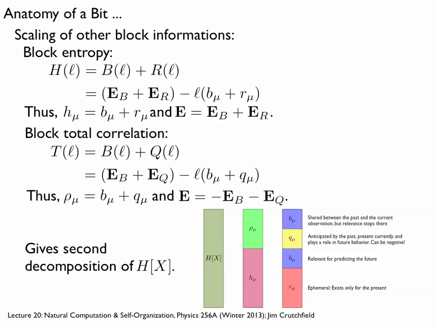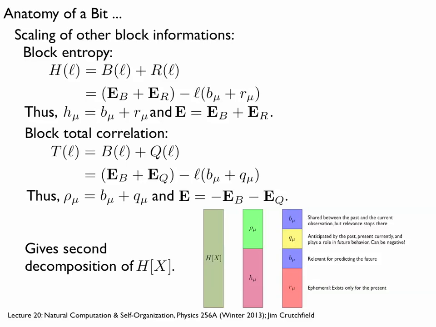It's the bound information plus this enigmatic information. Just plug in the previous scalings, and remember, T of L asymptoted with a slope rho mu. That was that anticipated predictable information in the present. And we see that that is b mu plus q mu. And then there's another conclusion we draw about the relationship of these quantities to E, right? Because T of L had a minus E offset.